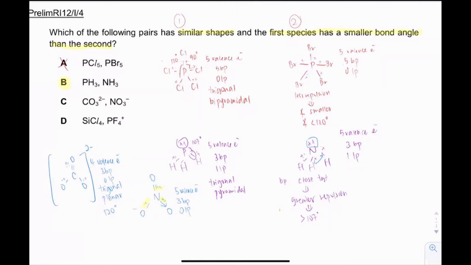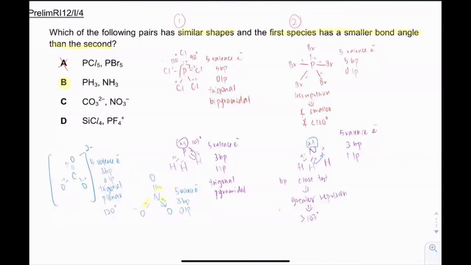If you look at NO3-, there are 3 bond pairs and no lone pairs. So since there's no lone pairs, the repulsion between the 3 bond pairs is not going to yield a significant difference in bond angle. So imagine that they repel each other, but the 3 of them are all bond pairs, right? So therefore, there's no space to squeeze.